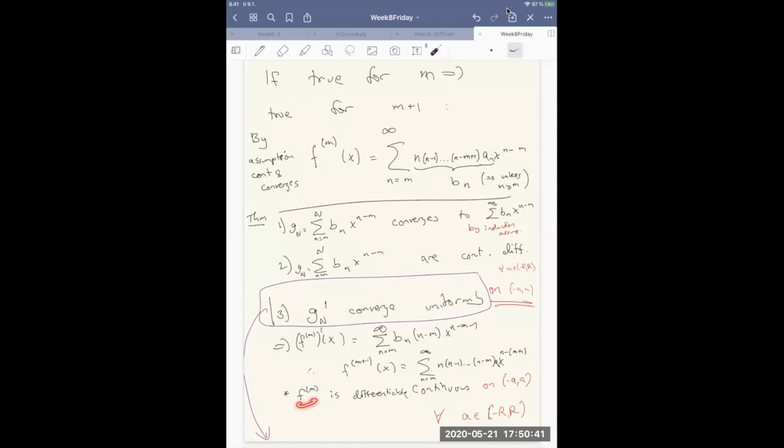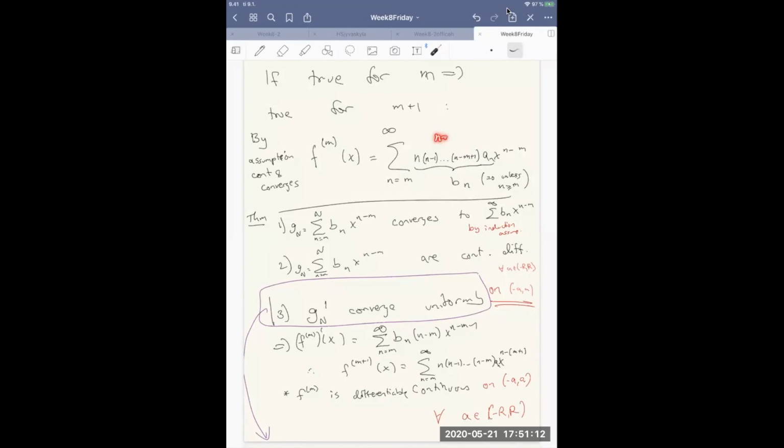And this gives us that we're continuously differentiable on minus A to A, as long as this power series also converges in the same region, so minus A to A for all A between minus R and R. One thing here, I changed the indices to start from m. And the reason why that is okay is that we have this prefactor containing n minus 1, and n minus 1 plus 1. For example, when n is equal to 0, the first factor makes everything 0.